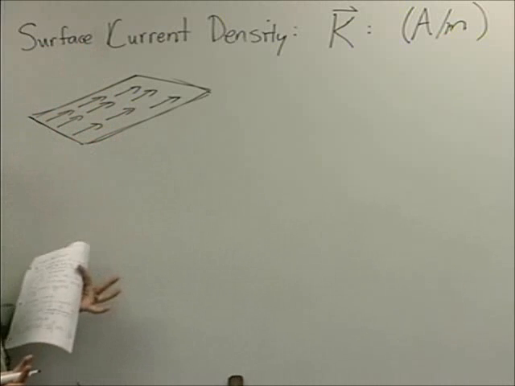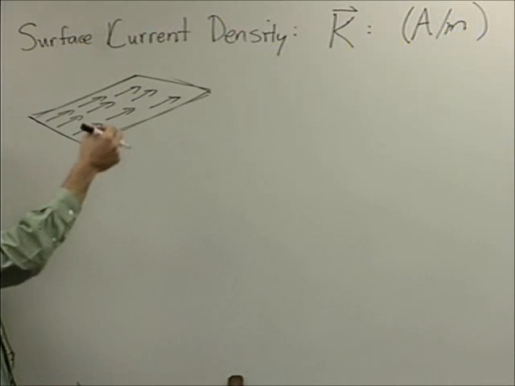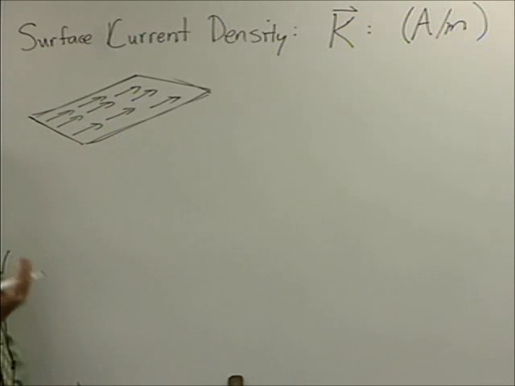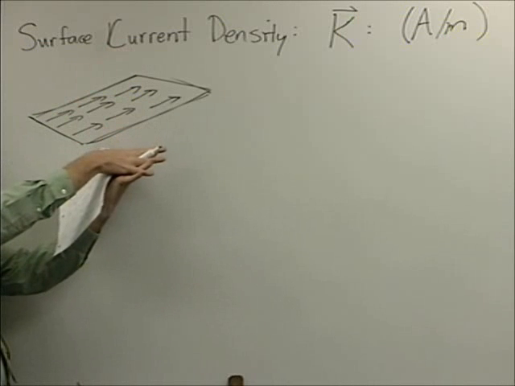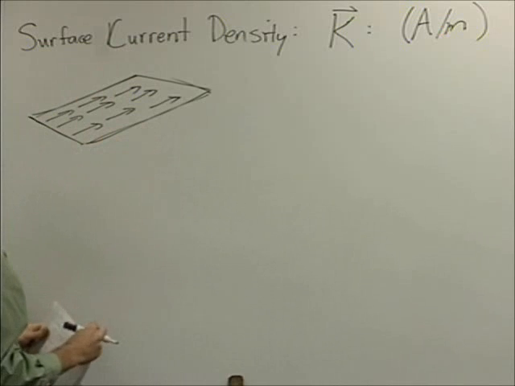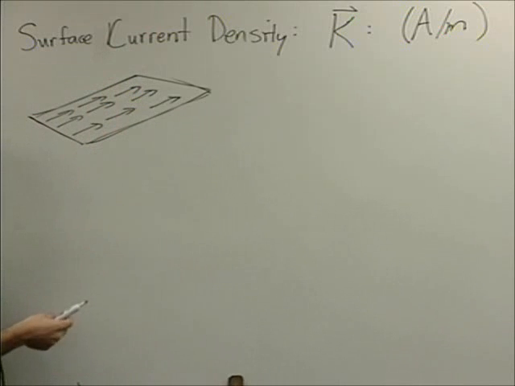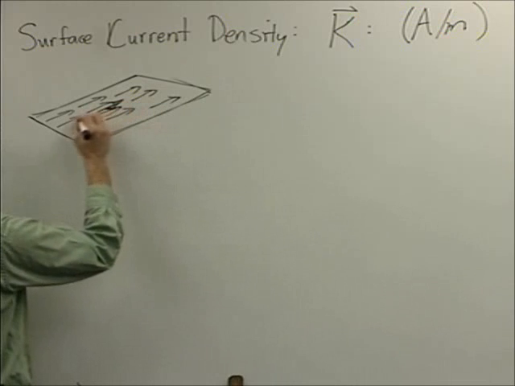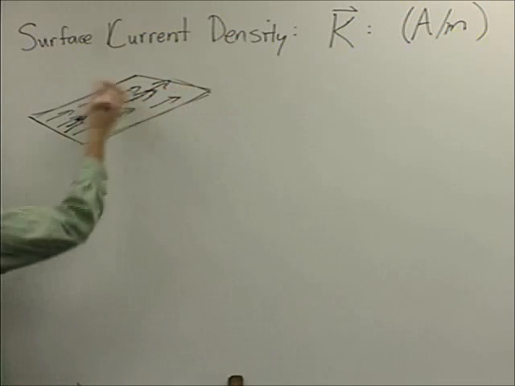It's not a line current in the sense that it's all concentrated at one linear path in space, but it's also not a volume current in the sense that you have squeezed one dimension out of the path so that it's perfectly flat. Now keep in mind that depending on the shape of this metal and how things are oriented, that K could actually be a function of position. You know, the current could be denser and stronger in the middle of this as opposed to the end of it.